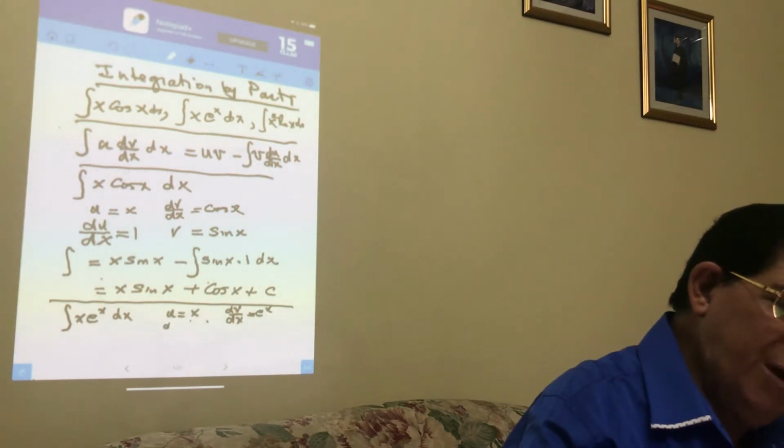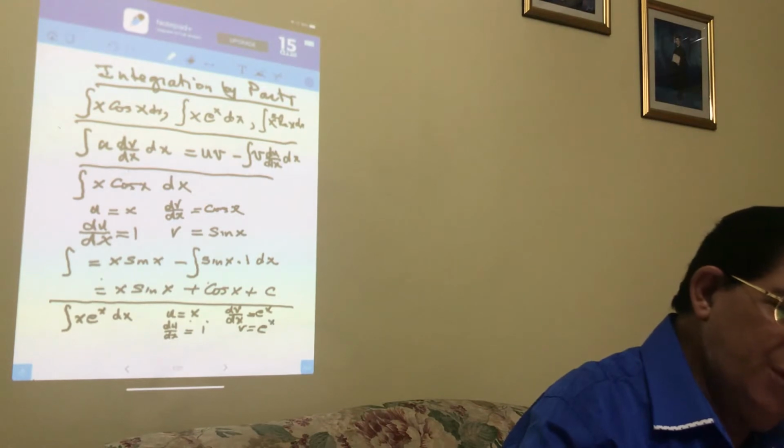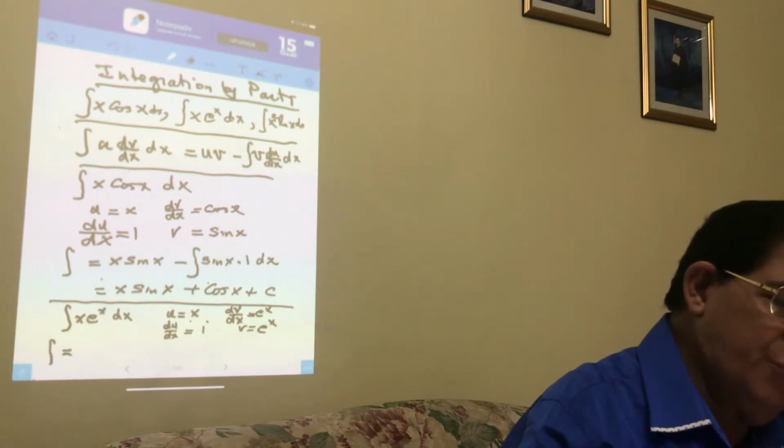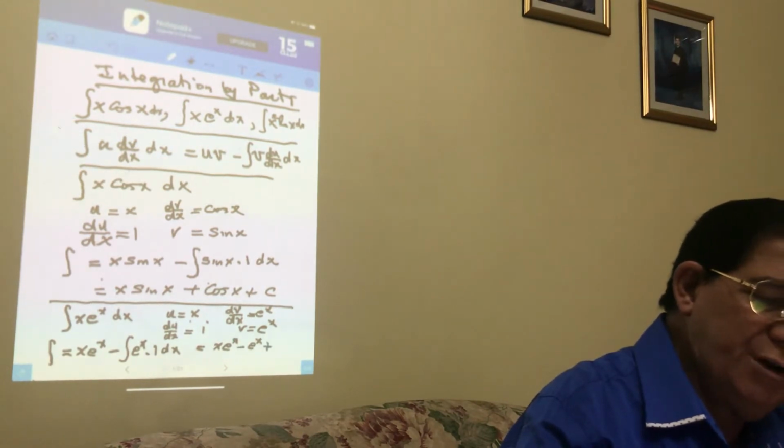Therefore, du by dx is 1 and v equals e power x. We just apply the rule. The integration equals uv, x e power x, minus the integration of e power x times 1 dx. Therefore, the answer is x e power x minus e power x plus c.